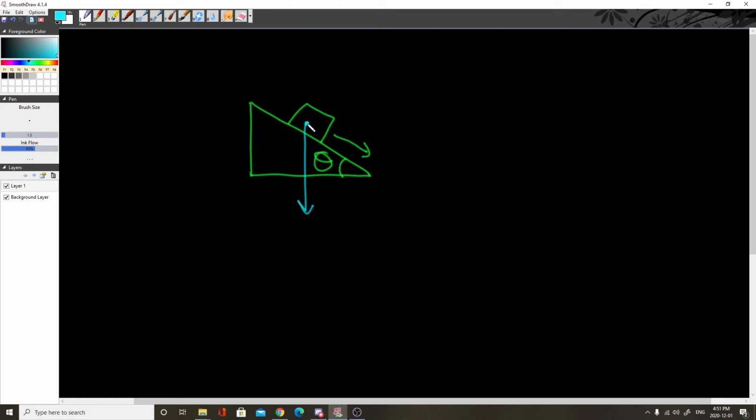So the ramp is exerting a force on the box that's preventing it from falling down, and that force is perpendicular to the surface. Now we also have an additional force acting on this box, and that is the force that opposes motion, and that is the force of friction, and that is going to be going in the opposite direction. Now, when you add up all of these vectors, you're going to end up with this resultant vector, which is the vector that shows its movement.